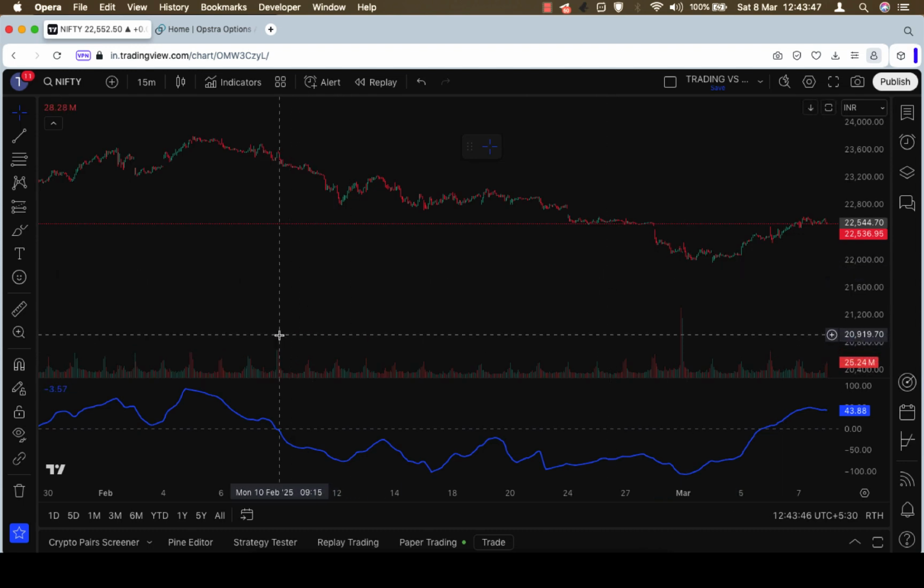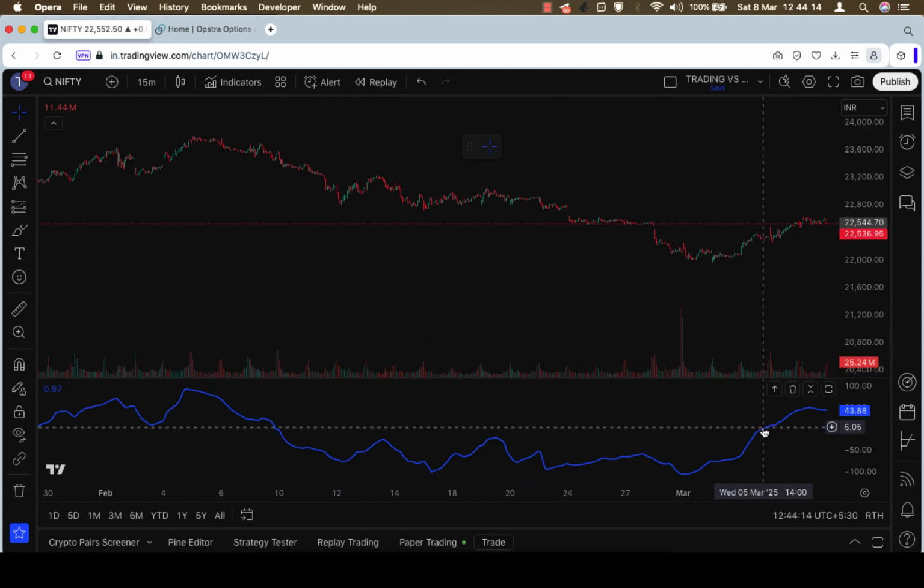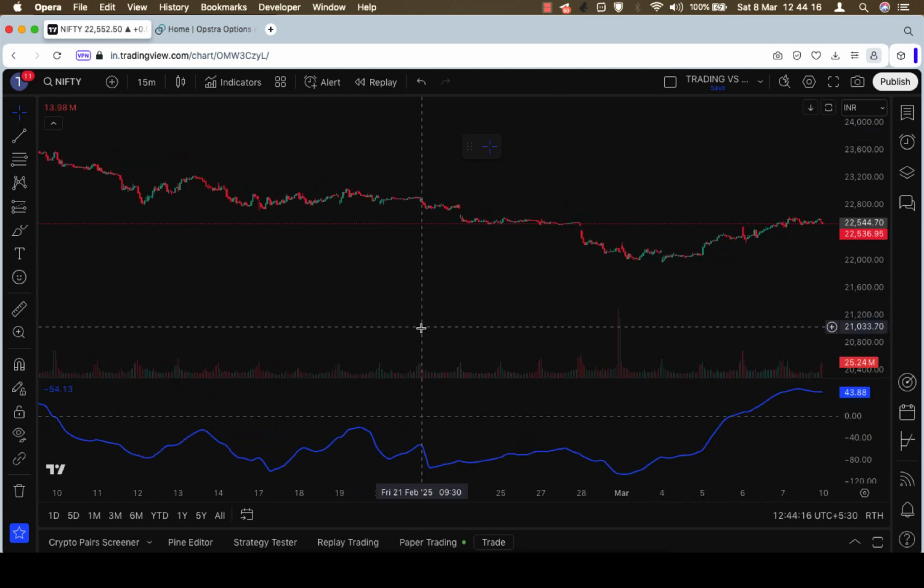When the market comes down below the zero, this oscillator gives you an indication of when the market will go down or when the market will go up, but not for one-sided trades; it is for directional option writing. That means when the data is coming below the zero, you need to write the calls. Similarly, when it goes above the zero, you need to write the puts.